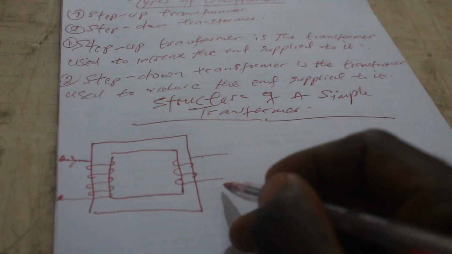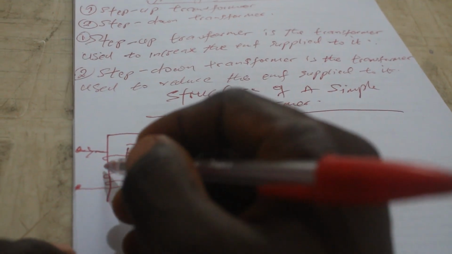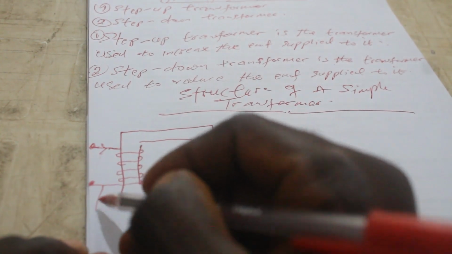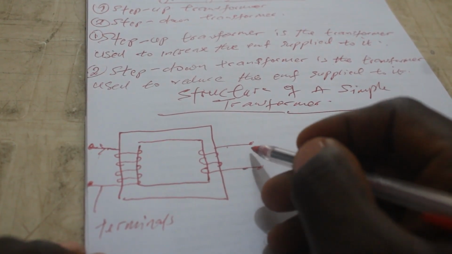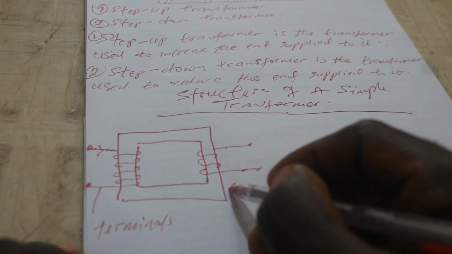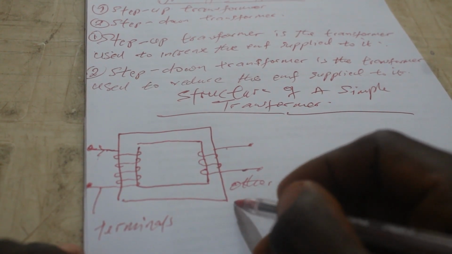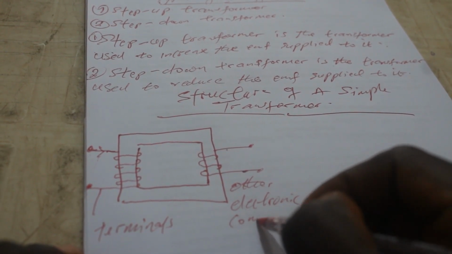These are the terminals. And then this coil here is connected to other devices, other electronic components in the circuit.